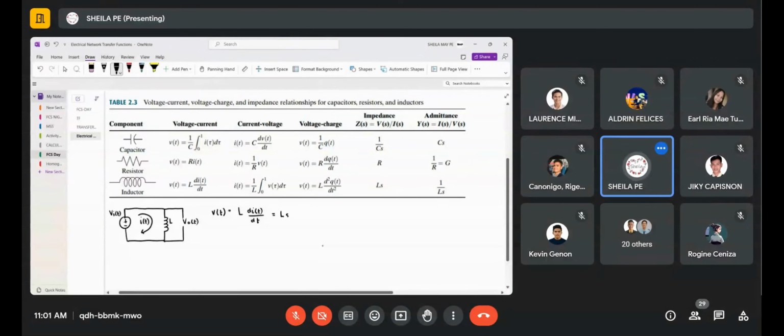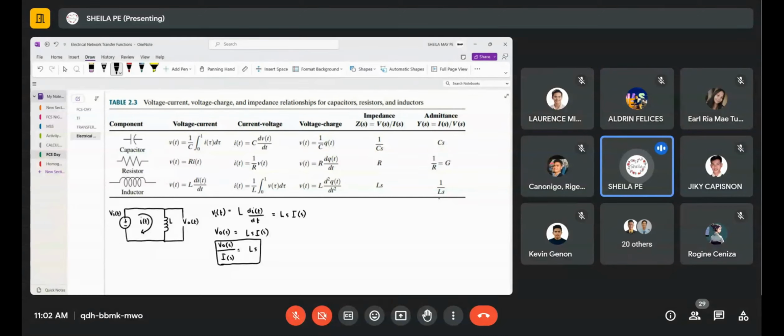So that's just Ls I of S. Since we are dealing with differentials, it has S. And since this is in current, that's I of S. So LS I of S. Since this is the input, the output is LS I of S. Taking the impedance, class, that's just LS.